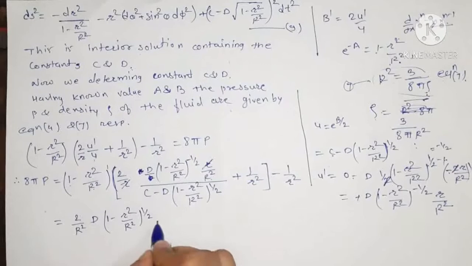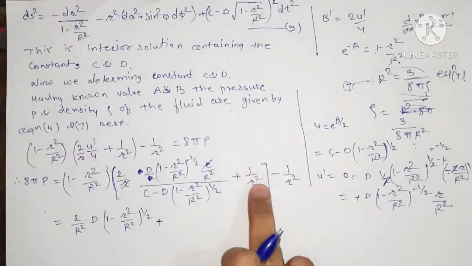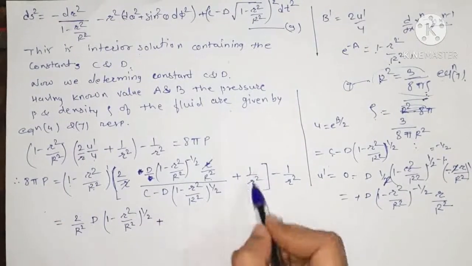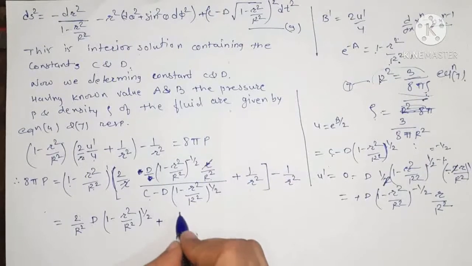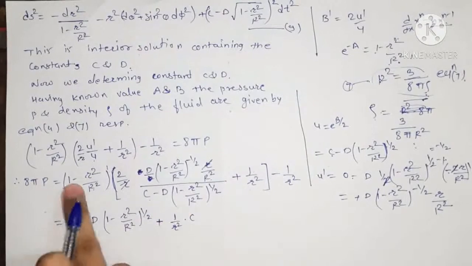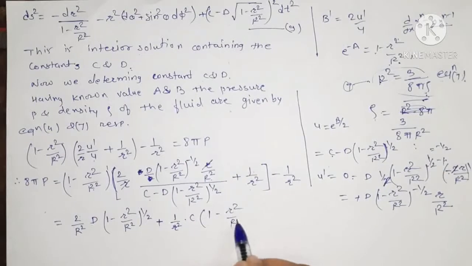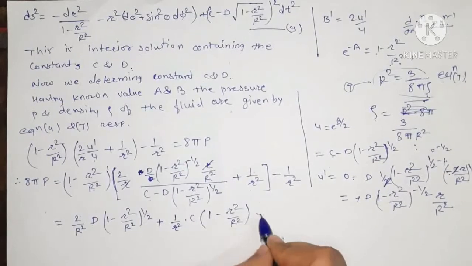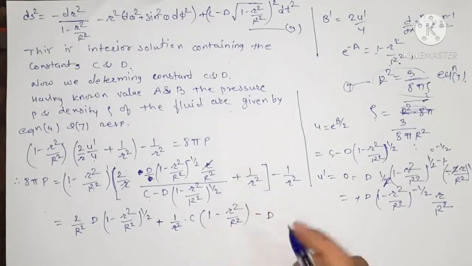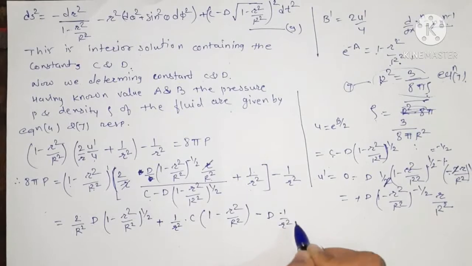Okay, plus now we multiply c minus d to this 1 upon r square, and also we take this multiplication inside the bracket. So c into 1 upon r square is 1 upon r square into c, and taking this bracket inside the term, we have 1 minus r square upon capital R square, minus now d into 1 upon r square, that is d into 1 upon r square.